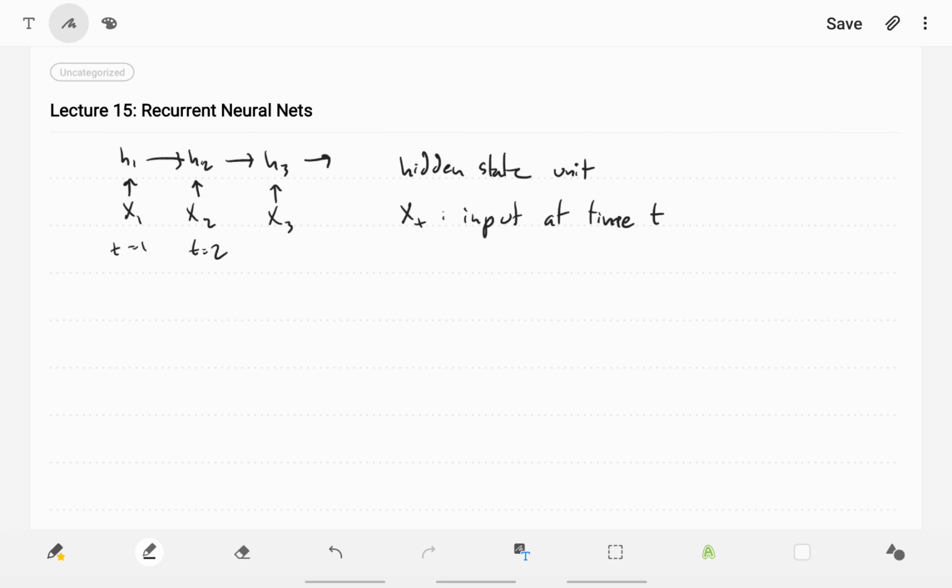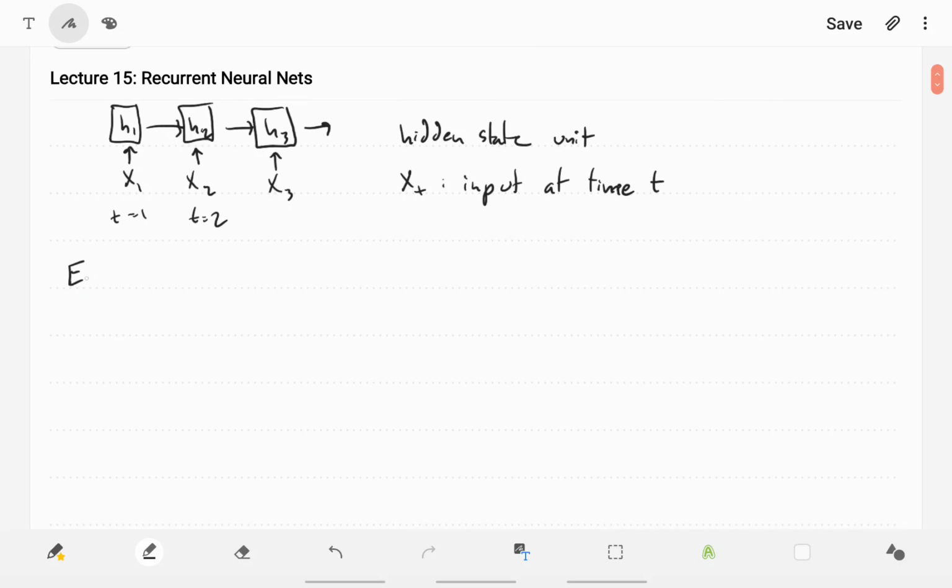If x sub i was the ith input and we assumed independence, there should be no connection between h1 and h2. But in this case, we're not going to assume independence. They're just different inputs. And this, of course, is our computation graph. What I'm drawing here is our computation graph.